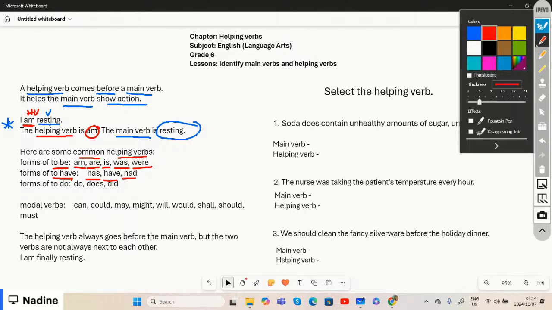Those are our helping verbs. It's going to be has, have, had, and our main verb will follow after these words.